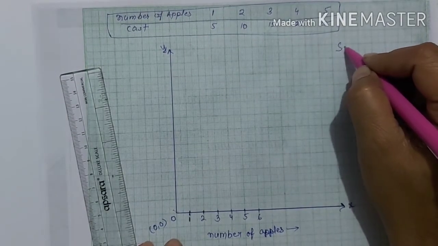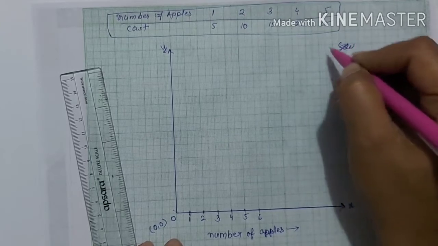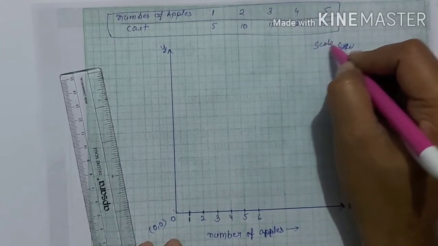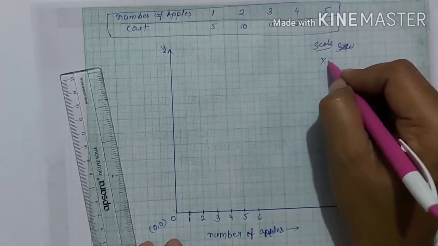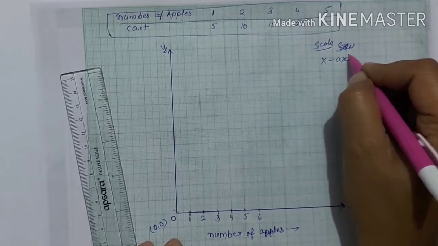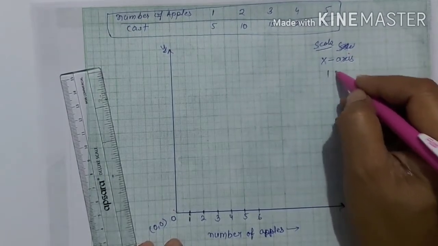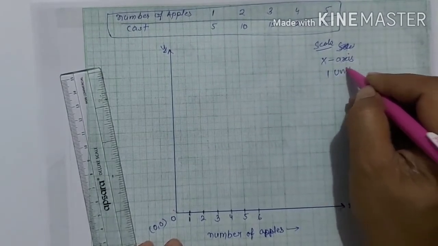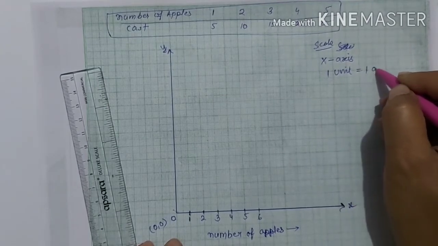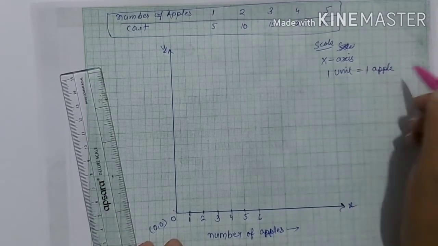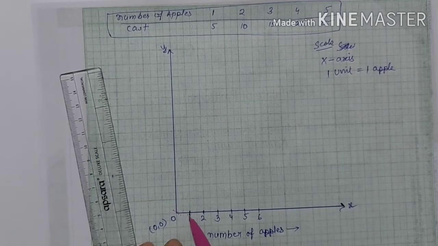Now here we write the scale. It is very important. Scale for the x-axis: 1 unit is equal to 1 apple. 1 unit means one block is 1 unit.